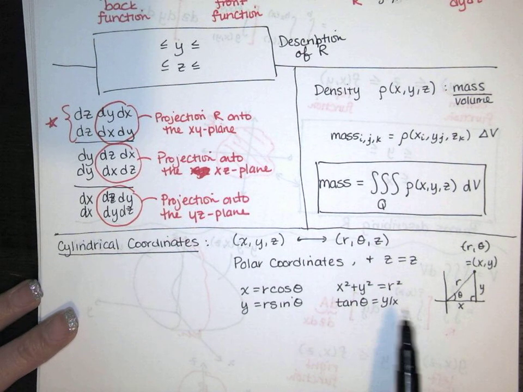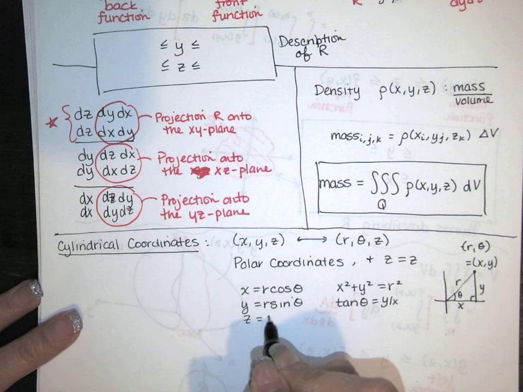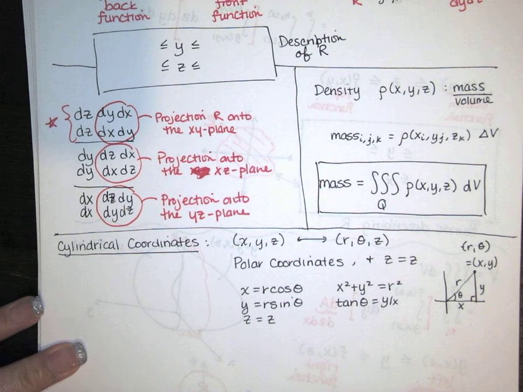And so that's polar coordinates. In cylindrical coordinates, we're taking these polar coordinate conversion formulas and we're adding one more formula. It's just z equals z. You might be saying to yourself, well, what does that mean?